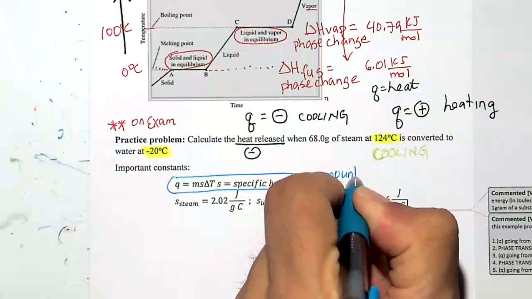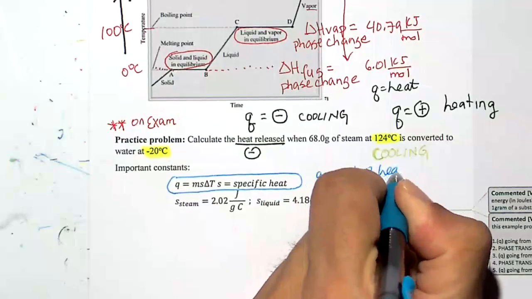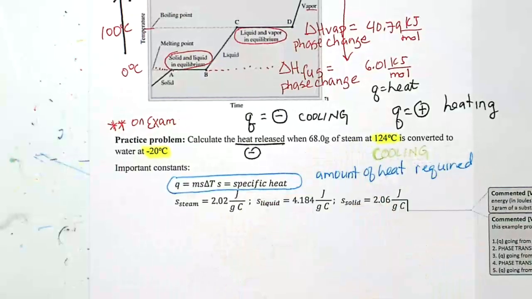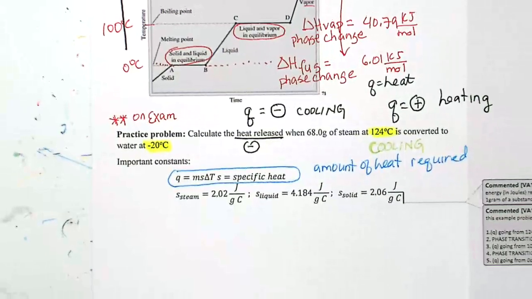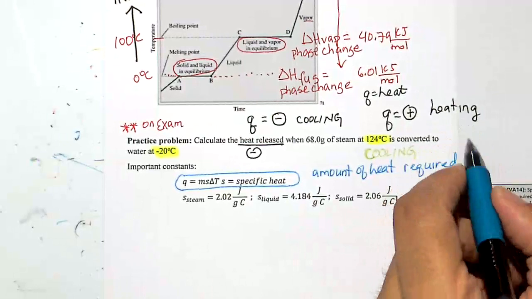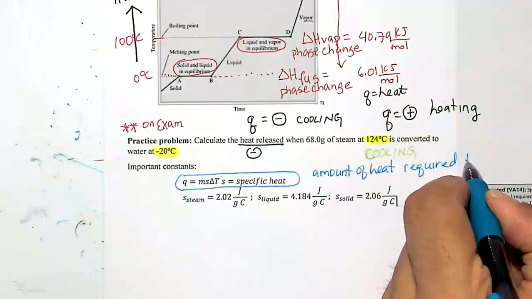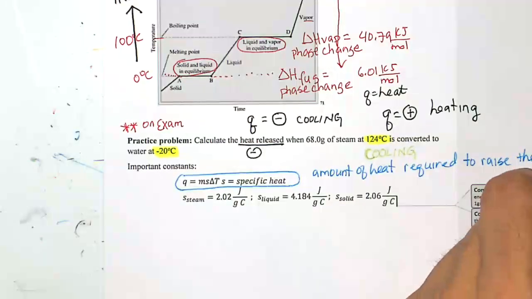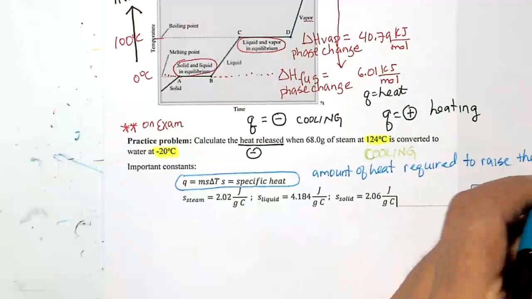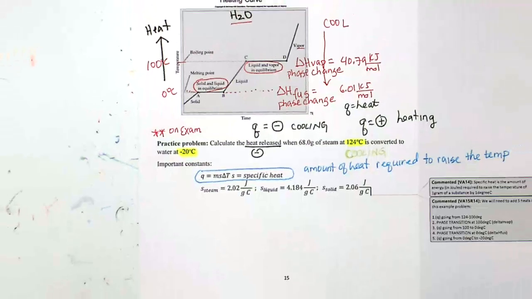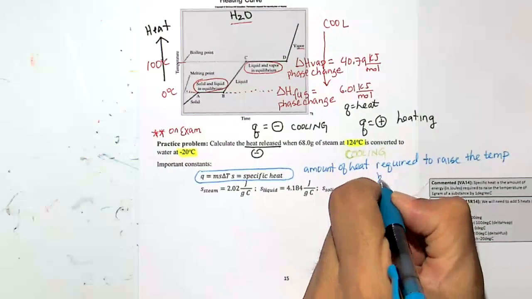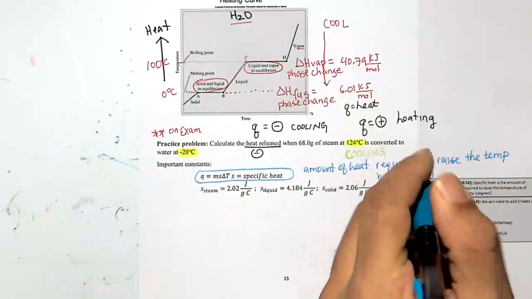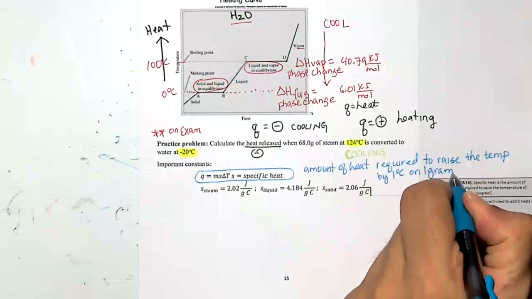Specific heat is the amount of heat required to raise the temperature by 1 degree C on 1 gram of a substance.